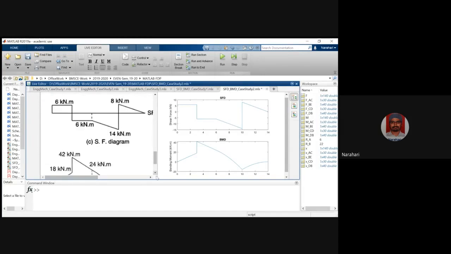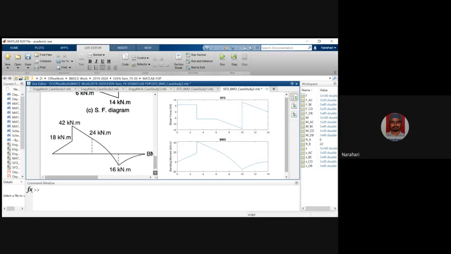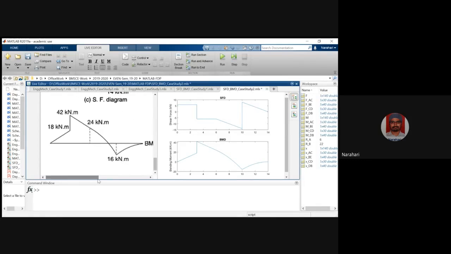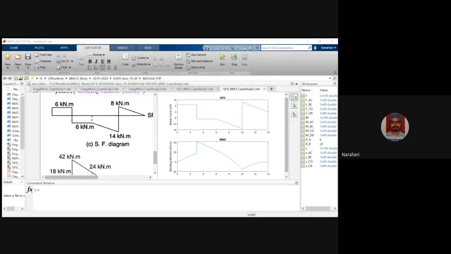You can see here, this is the SFD BMD you get, the actual one that is given in the book.